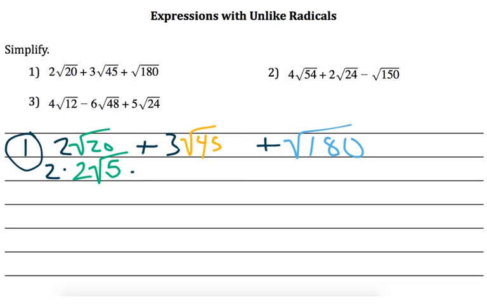Moving on to the next part, I have plus 3. Now I see the square root of 45, and I'm thinking of 9 times 5, and when I pull that 9 out, it becomes 3 radical 5. Moving on. Now I'm thinking maybe 180, I'm thinking of 9 times 20, but I think I can do better than that. I think I can do a higher perfect square.